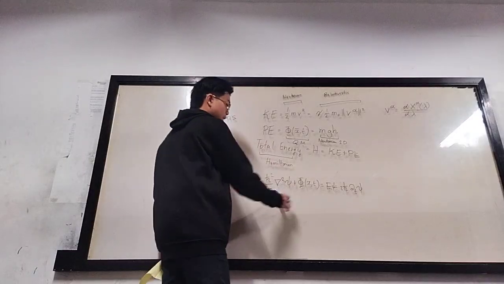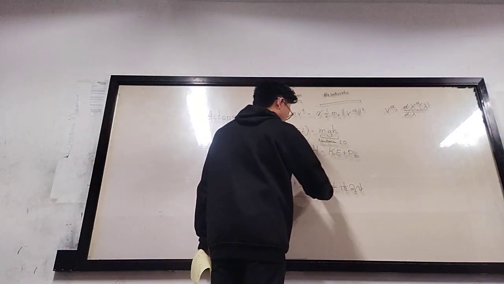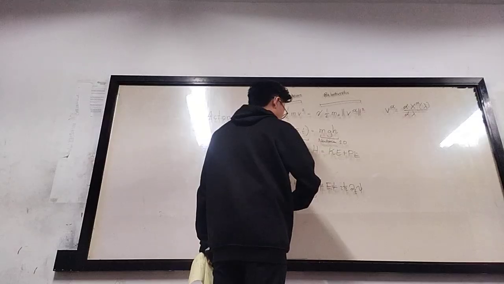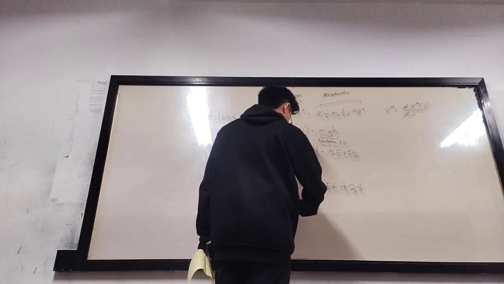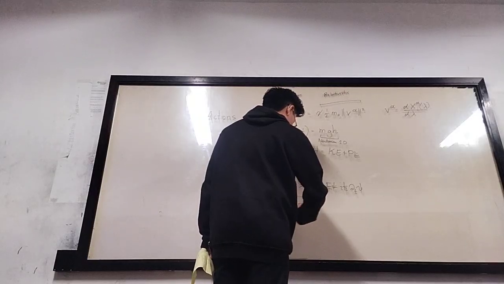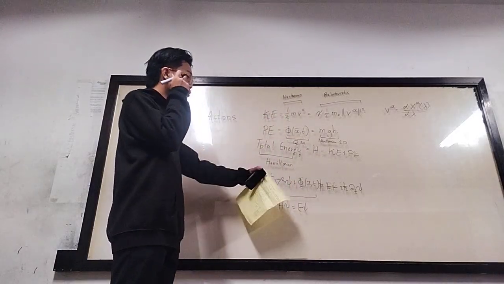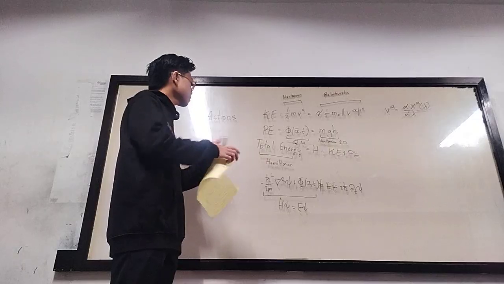So this left-hand side is the Hamiltonian operator acting on the given wave function. So that's one example of the Hamiltonian.